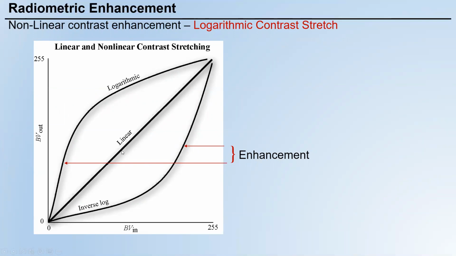We have a linear contrast stretch, and we have a piecewise linear contrast stretch. In the piecewise method, we use 2, 3, or even more linear functions to stretch the whole image. Logarithmic stretch here is very similar to piecewise, but in piecewise we use 3 linear functions.